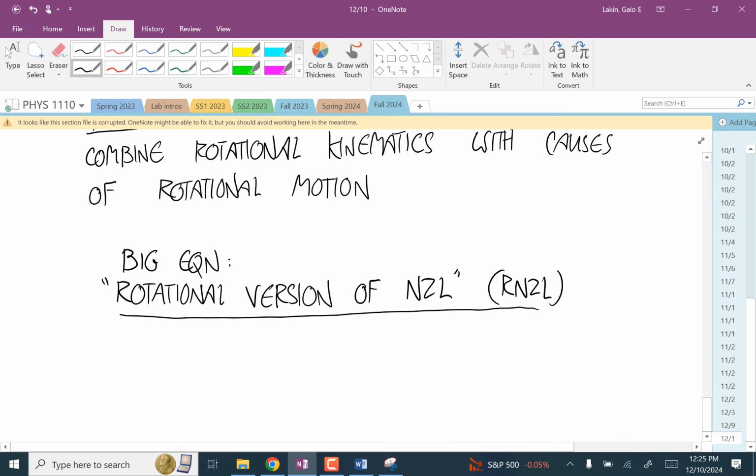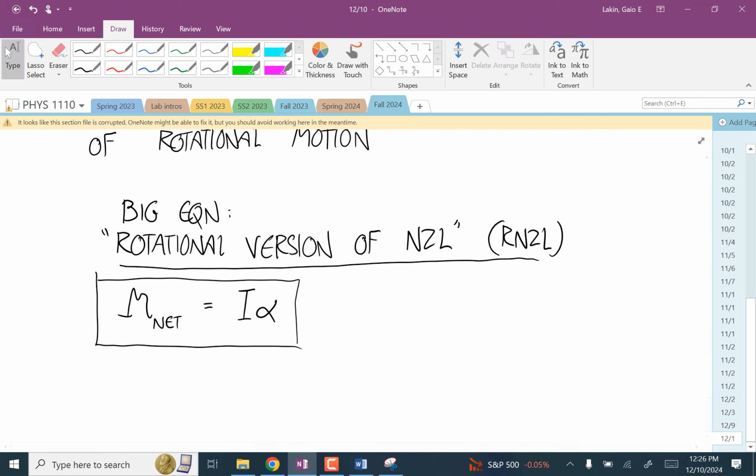And it says this: add up all the moments, and you can also call moments torques, those are synonyms. Add them all up, and that has to be equal to the moment of inertia times the angular acceleration. This moment or torque, remember, is like a rotational version of force.